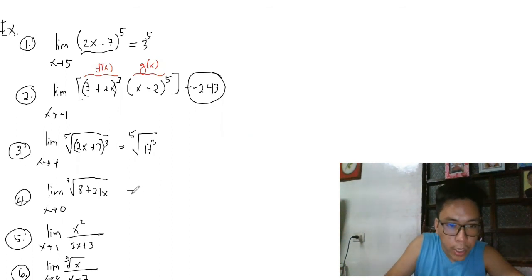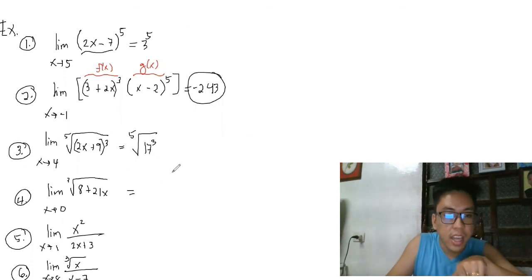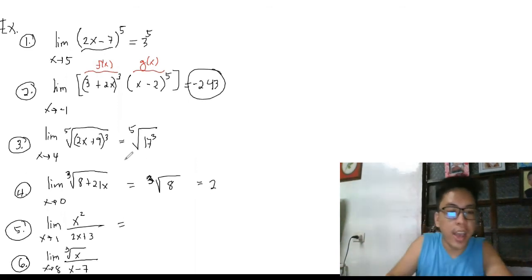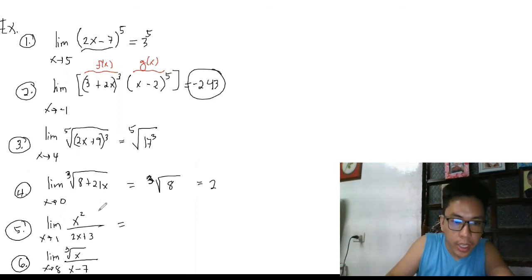This one also here is the limit of the cube root of 8 plus 21x. So you'd get the cube root of 8, and that's equal to 2. And this one here, you can treat as your f of x, and this one here as your g of x.